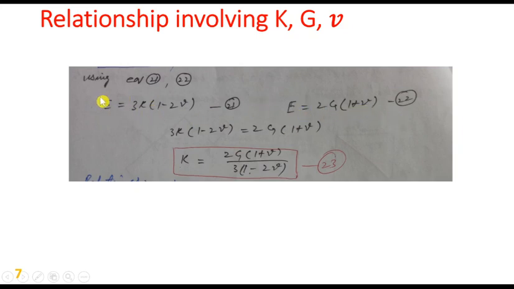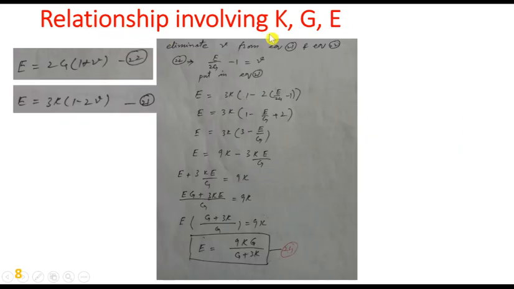So equating these two, the result will be 3K into 1 minus 2 mu is equal to 2G into 1 plus mu, and K will be equal to 2G into 1 plus mu over 3 into 1 minus 2 mu, and this is equation 23. So using the previous two equations, we have developed this relation by eliminating E.